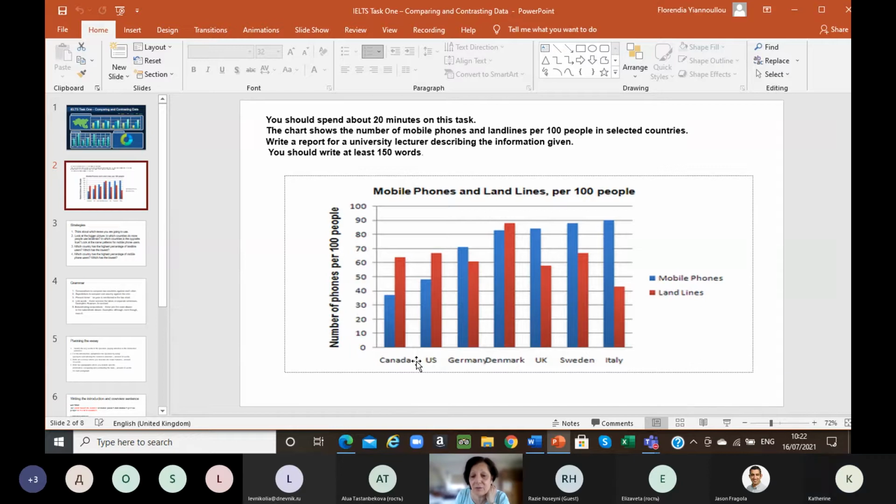Or you could say, for example, although Italy has a lot of mobile phones, it does not have a lot of landlines. Or its landline use is just under 50% less, for example. So you're showing differences.